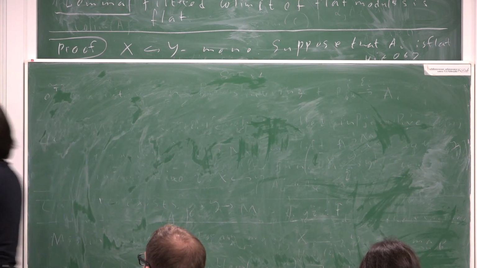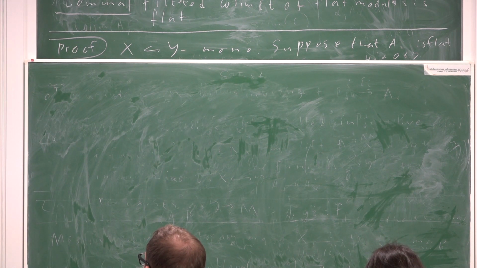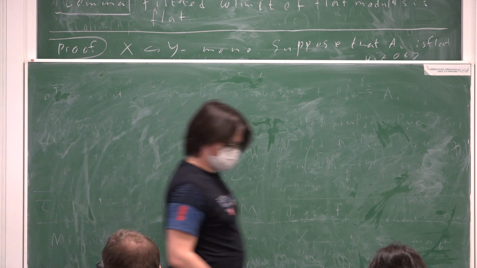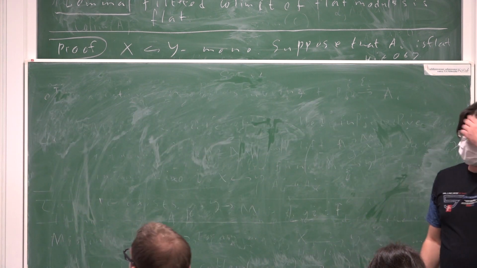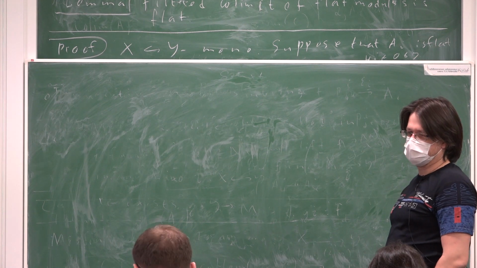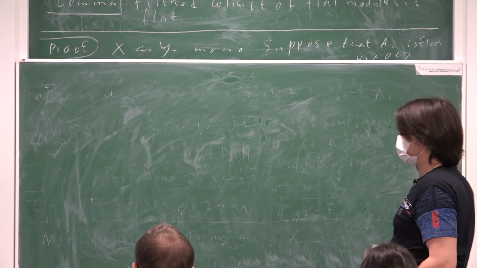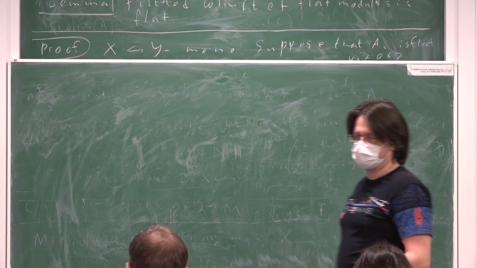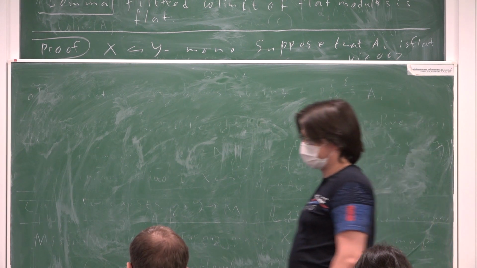If we hadn't Baer's criterion, it would be unclear how to prove about some group that it is injective, because it's difficult to consider all monomorphisms of abelian groups.